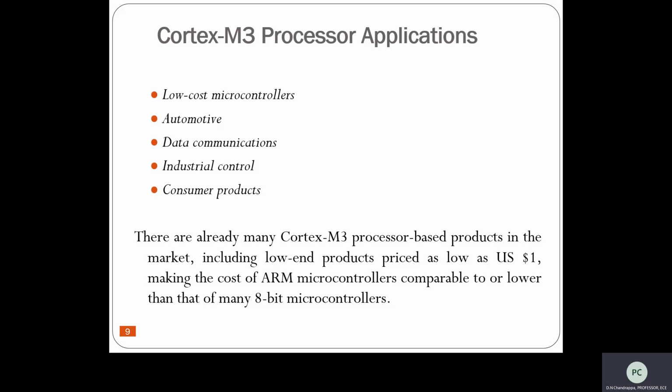Okay. The last one is called consumer products. In many consumer products, a high performance microprocessor or microcontroller is used. The Cortex M3 processor, being a small processor, is highly efficient and low in power, and supports a memory protection unit, enabling complex software to execute while providing robust memory protection.